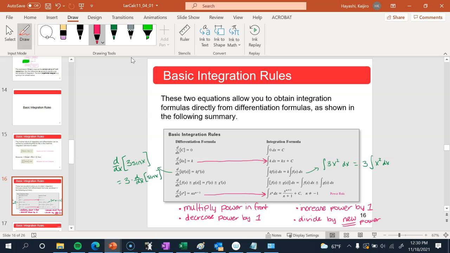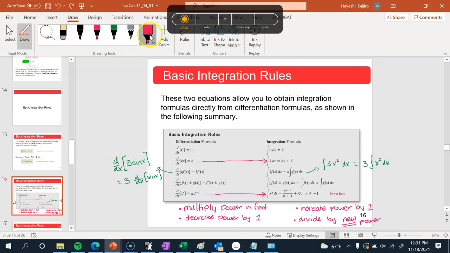Comparing these two processes, you can see that this is just this done opposite and backwards. Multiplying by the power and then decreasing the power by 1, versus, for integrals, increasing the power by 1 and then dividing the whole thing by that new power. And I guess also add a plus c, right?